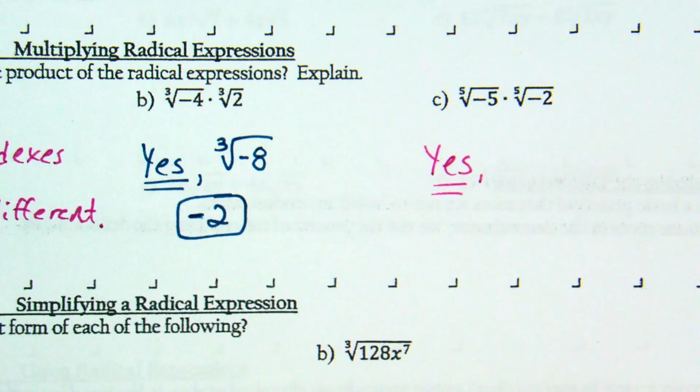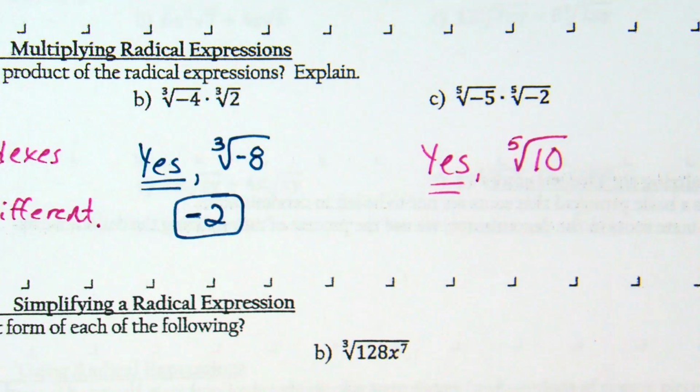The fifth root of 10, because -5 times -2 is +10. Am I done? Do we know the fifth root of 10? I don't know.